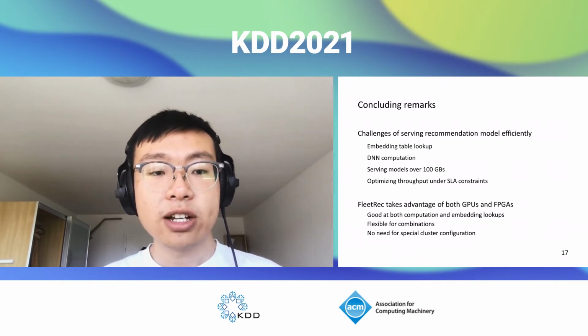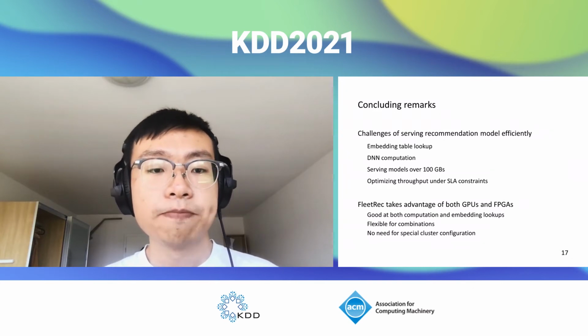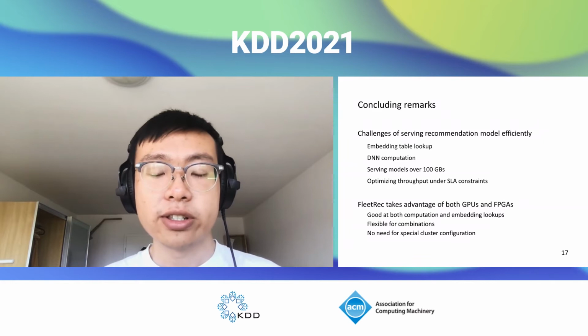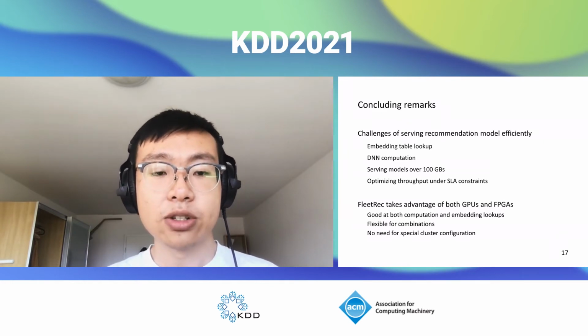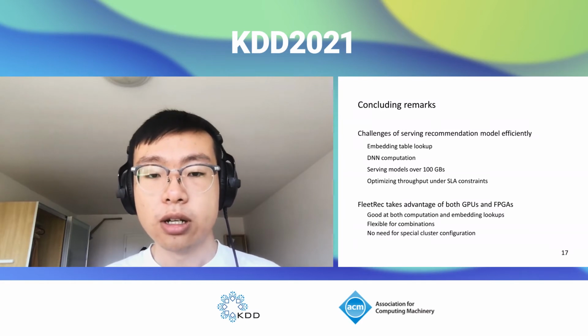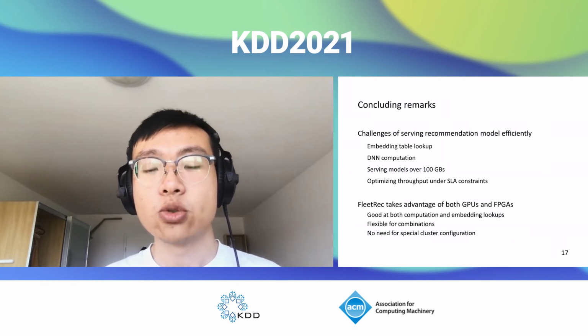The second challenge is the DNN computation, just as in other models. The third challenge is serving models over 100 gigabyte. And the final one is optimizing the throughput under strict latency constraint.